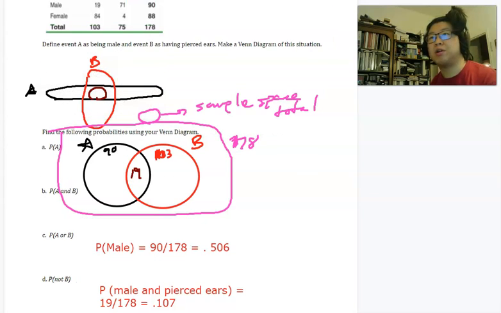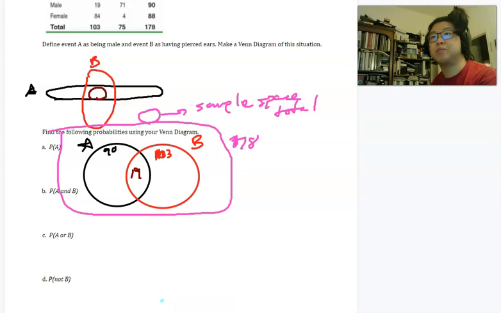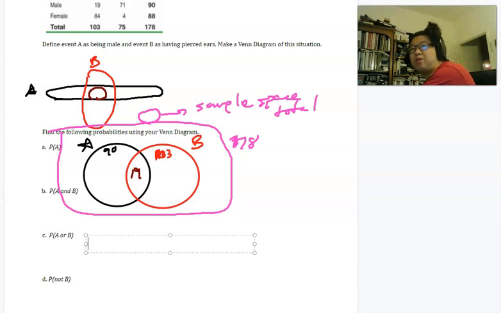Let's go ahead and move down to the last two here. I am going to erase these two right here. The probability of A or B, the probability of male or pierced ears.